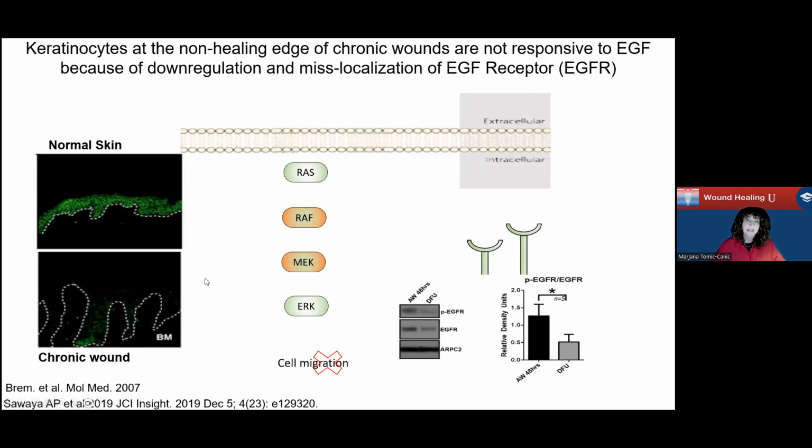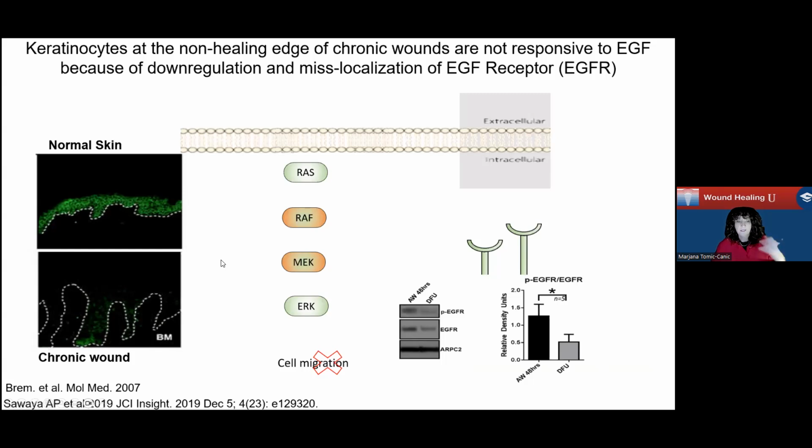So the point is that this downregulation and mislocalization of EGF receptor in patients, which was not replicated in mouse models and in animal models used for testing recombinant human EGF as therapy, basically explains why this therapy did not work.